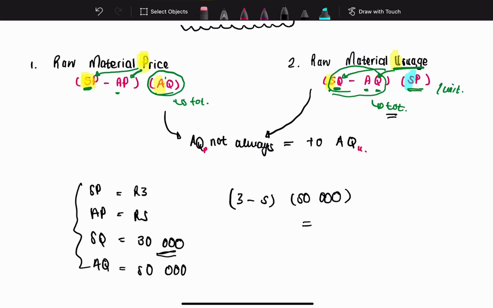Okay, again, to save time, you'll say standard quantity 30,000, minus 50,000, multiplied by your standard price of 3, and you'll plug in the things that you got from your scenario right into your formula.